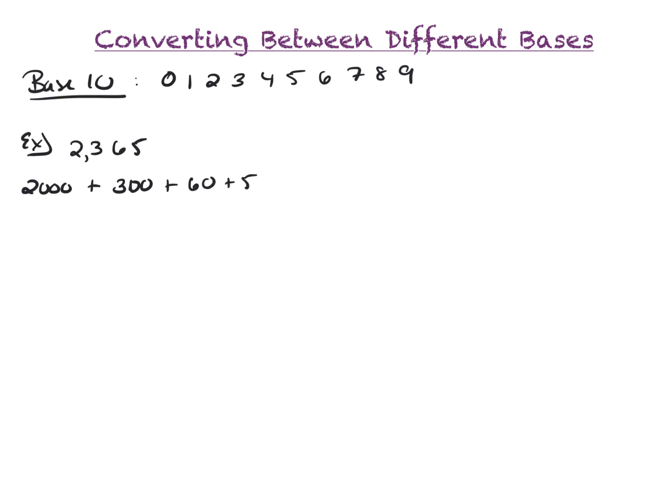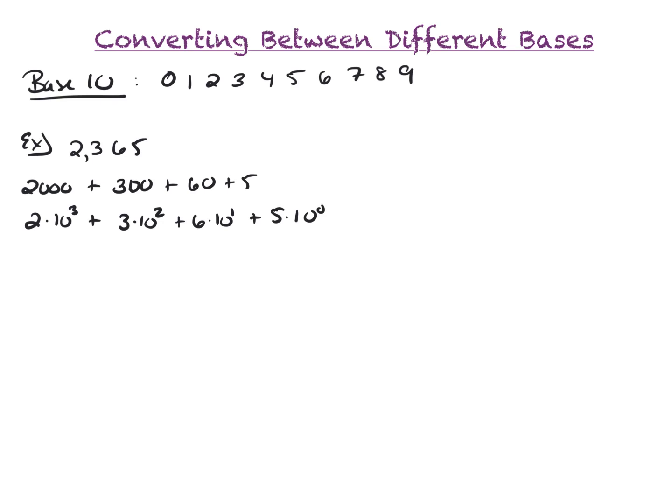Writing it even more broken down, 2,000 is 2 times 1,000, or 10 to the third power. 300 is 3 times 100, or 3 times 10 to the 2 power. 60 is 6 times 10 to the 1 power. And 5 can be written as 5 times 10 to the 0 power. So our exponents on the 10s are 3, 2, 1, 0.